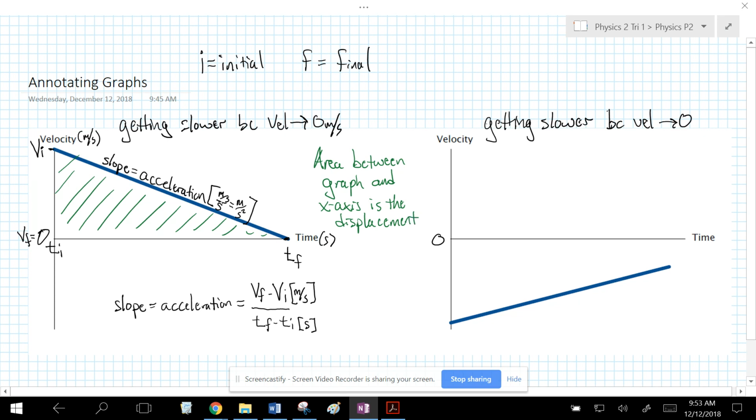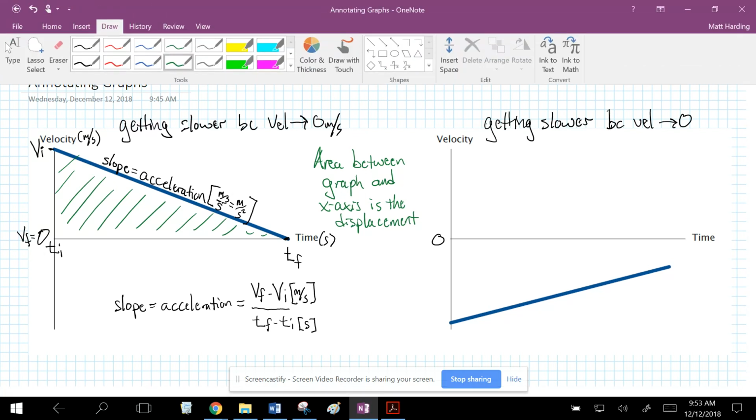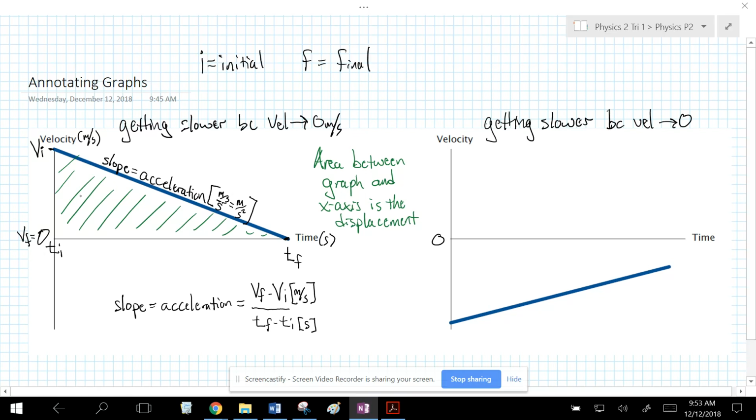Well, here it's just a triangle. So area of a triangle equals 1/2 base times height.